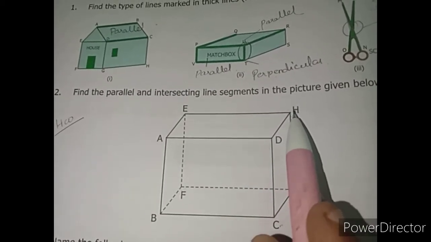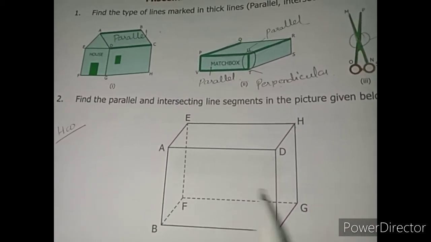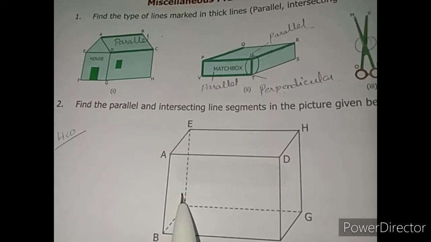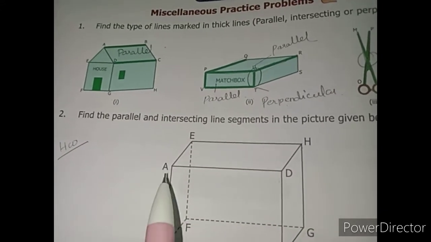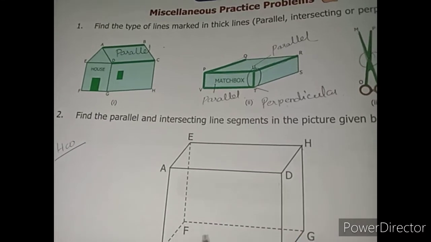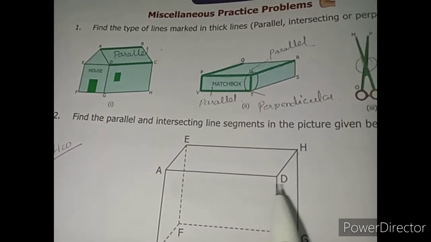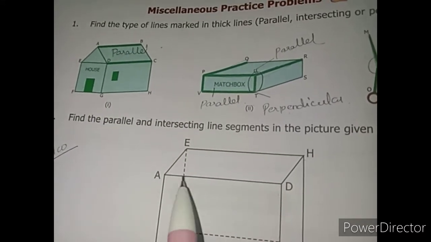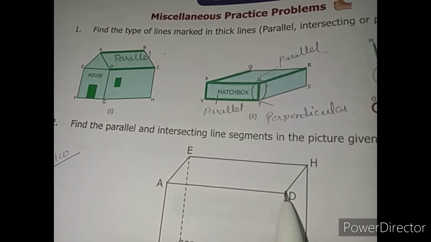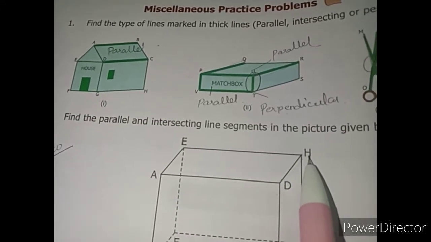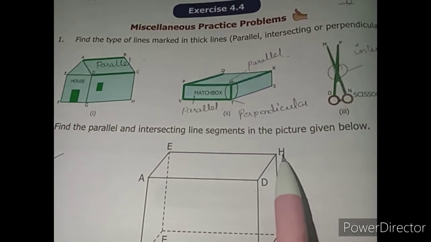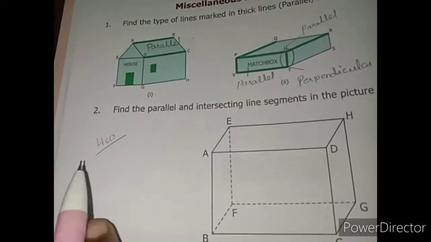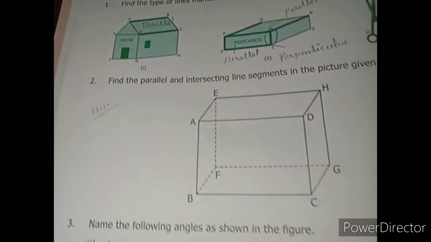DC is parallel to HG. AB is parallel to EF. Fine. And what is an intersecting line? Any intersecting line there? Yes. See here, the line AD is intersecting at H. Okay, you are going to find this. So I am giving this one as homework. We will move to question number 3.